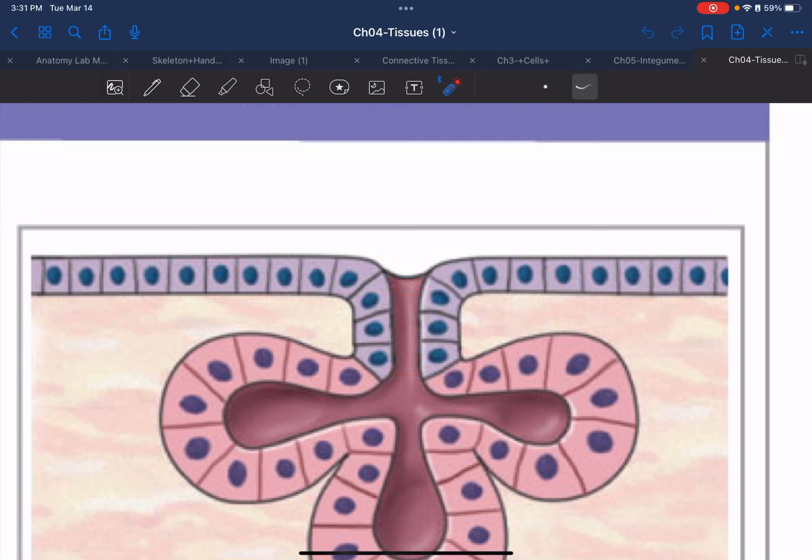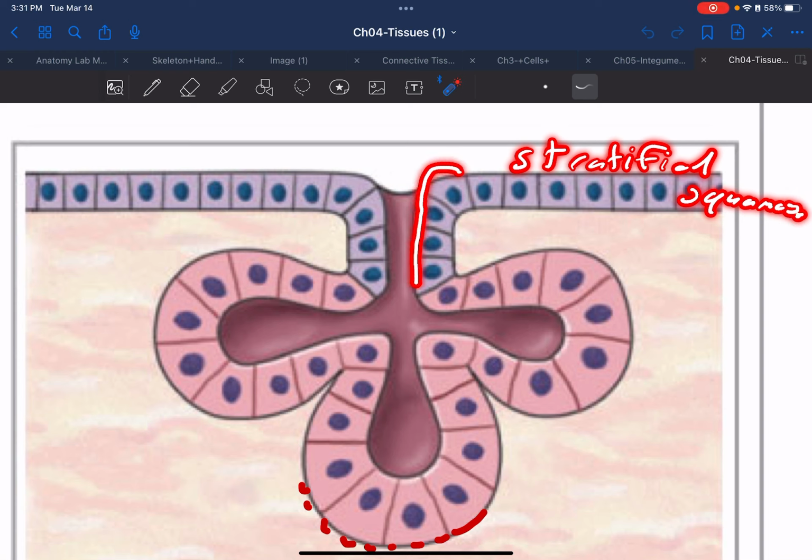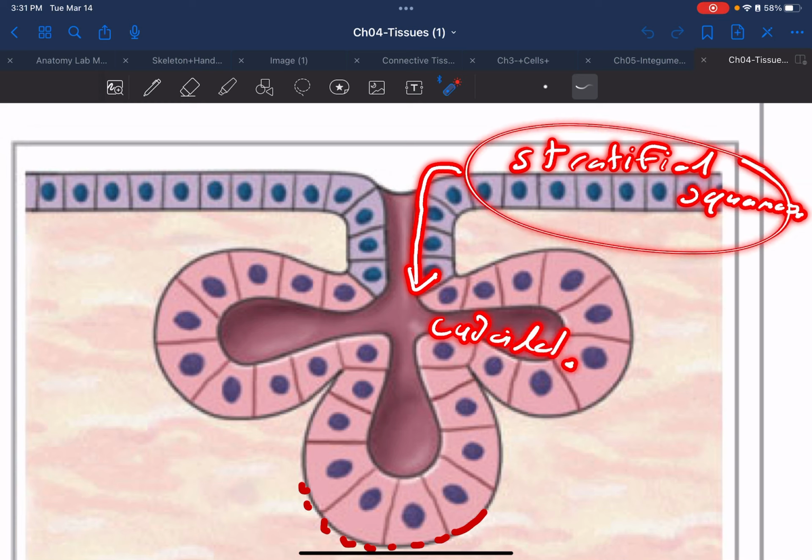And so these ducts, when they embed themselves into the dermis, the epithelial tissue, the lining, begins to change into something entirely different. And in the case of the integumentary system, what you're going to see is that on the surface this is going to form stratified squamous on the top, the keratinized, and then it's going to dip into the dermis, and when it dips, you're going to have cuboidal cells, which are both epithelial cells, but you go from one epithelial cell into an entirely different one.